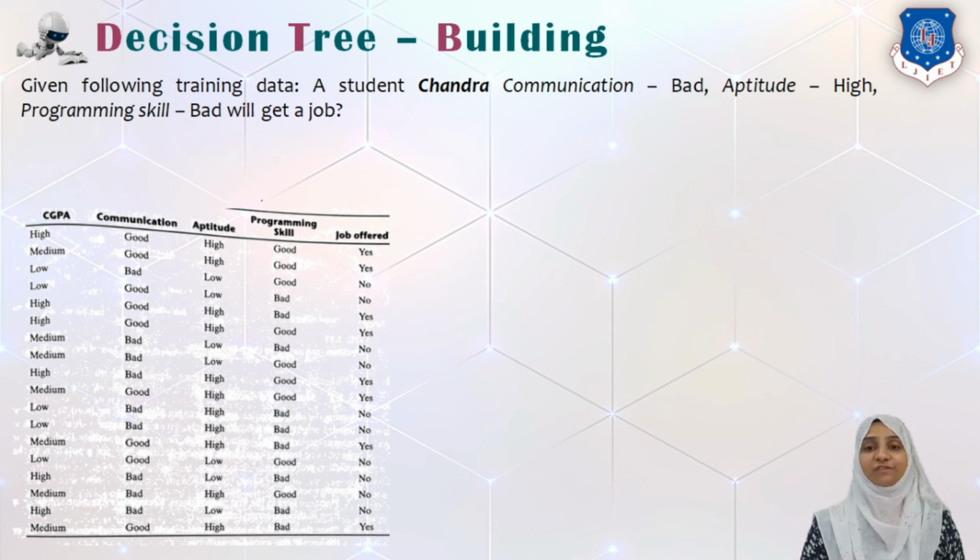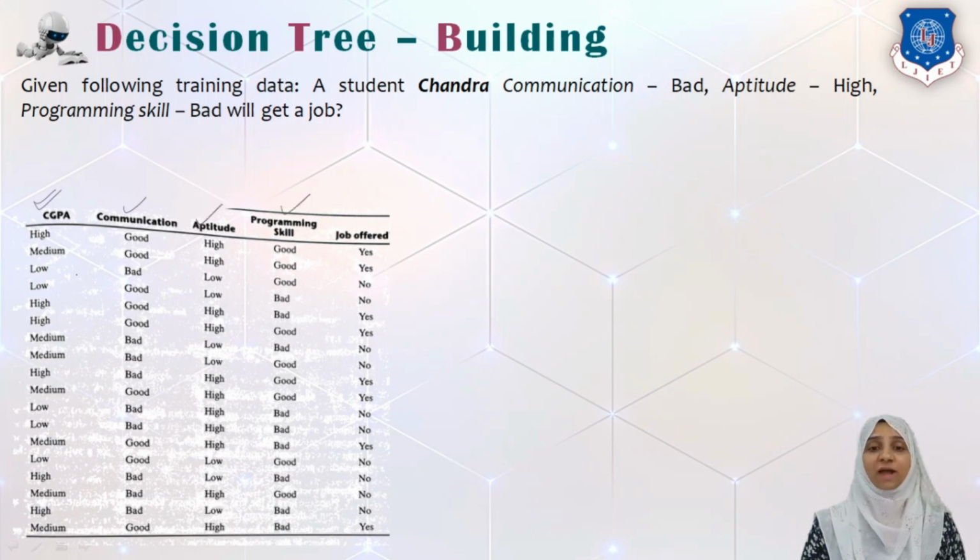Now let us see how to build a decision tree for given data. First, let us understand the data in order to build a decision tree. This is a data set for a particular company over which some students are getting hired. A company is hiring students based upon their skills of CGPA, communication, aptitude and programming skill.